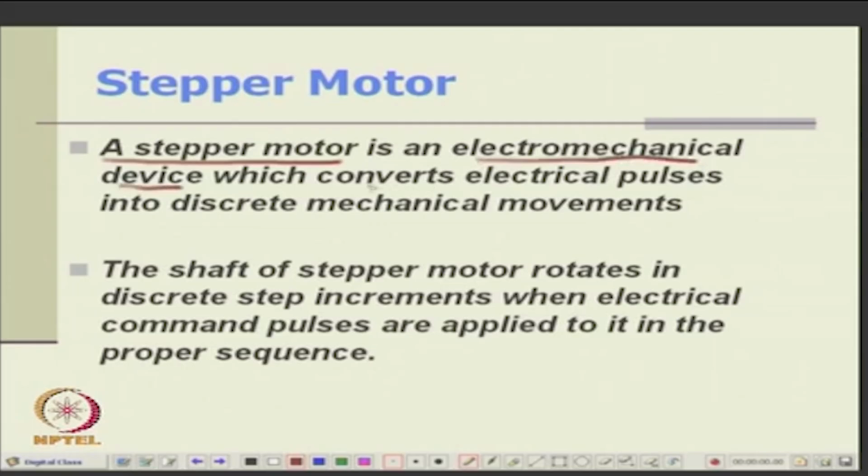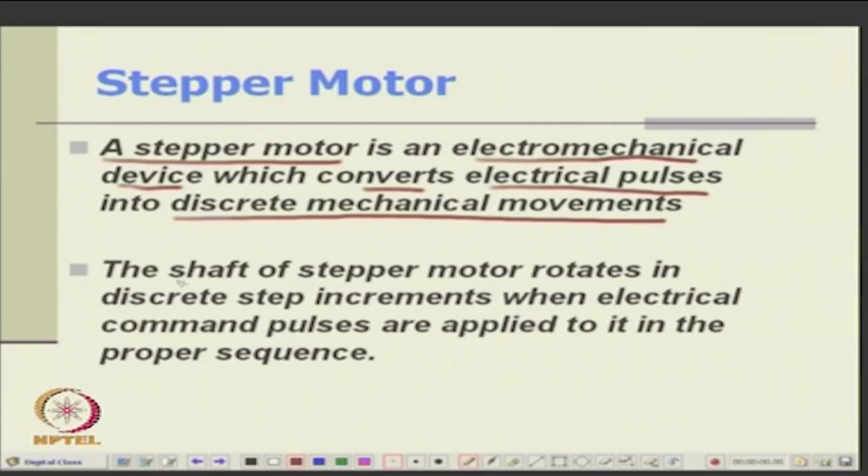What it does is it converts electrical pulses, what you give is pulses, into discrete mechanical movements. So, all you need is to know both electrical engineering and mechanical engineering to understand this, and electrical engineering involves signal processing, microcontrollers, electronics, and the electromechanics.